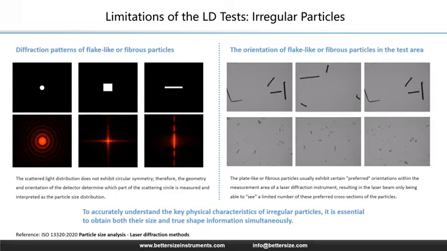Because of this preferred orientation, the scattering pattern loses its circular symmetry. The result is a distorted measurement, a 1D number trying to describe a 3D complexity. To truly understand properties like flowability or coating performance, calculating size isn't enough. We need to see the shape.